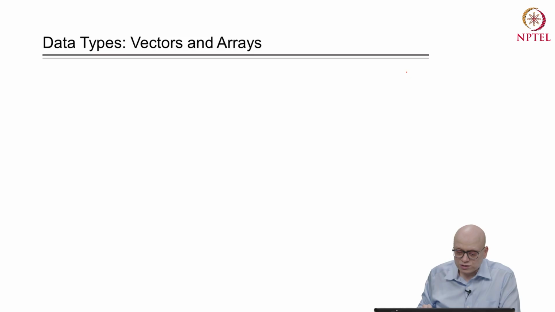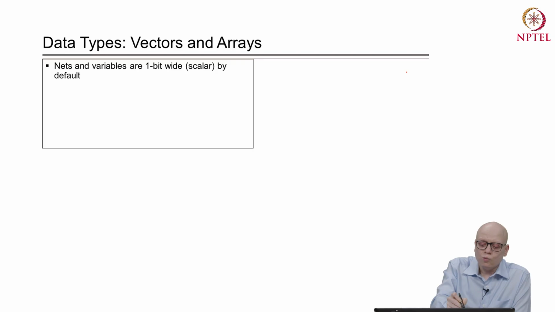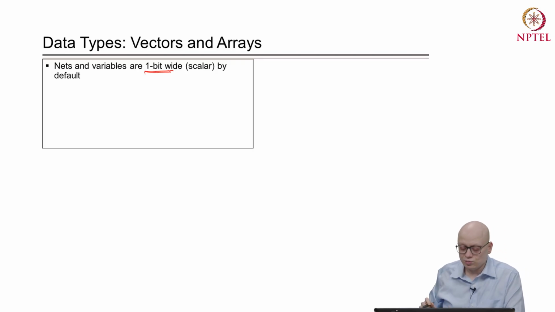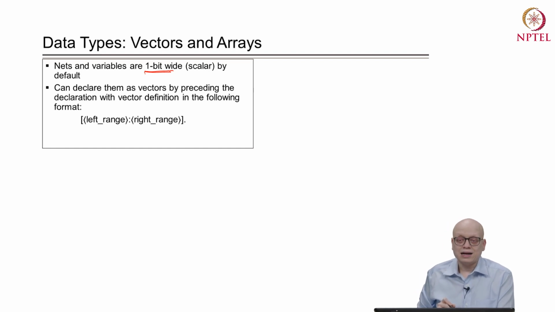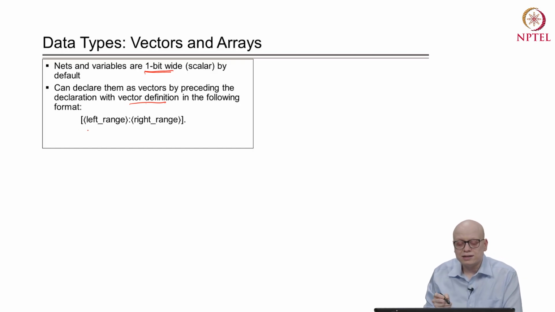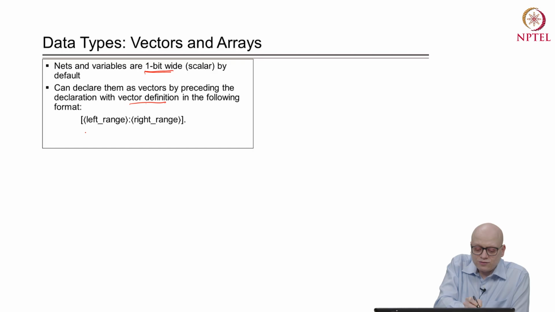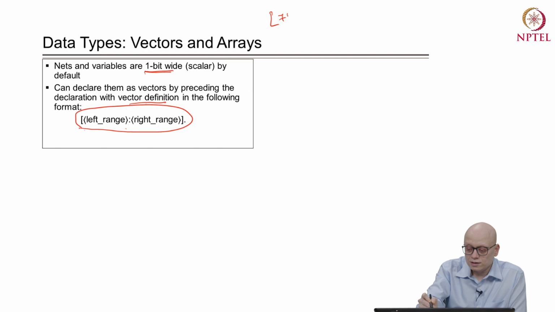Now, Verilog also supports vectors and arrays. Nets and variables, if we declare them, are by default 1 bit wide, and they are known as scalar. We can declare a vector by preceding the identifier with a vector definition in the following format: the left range and right range separated by a colon, in square brackets, for example 7 to 0.